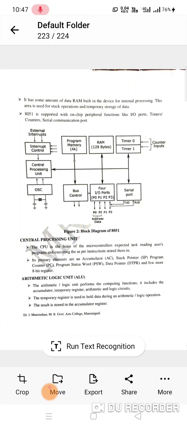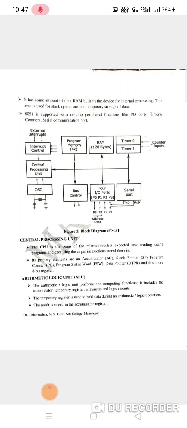So what is the arithmetic logical unit, the ALU? The arithmetic logical unit performs the computing functions. It includes the accumulator, temporary register, and arithmetic and logical circuits. The ALU performs all arithmetic and logical functions.